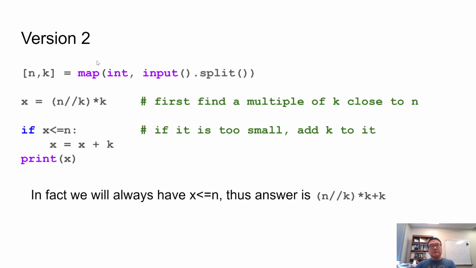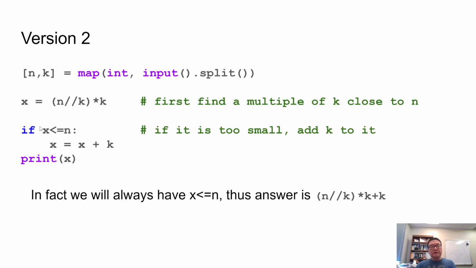So here's another version that one may come up with. Suppose I start with coming up with this multiple of k that is less than or equal to n, and in fact the largest such number. Now, this number may not be big enough because we want the number to be greater than n. So if it turns out the x is less than or equal to n, then I need to add another k. So this is also correct.